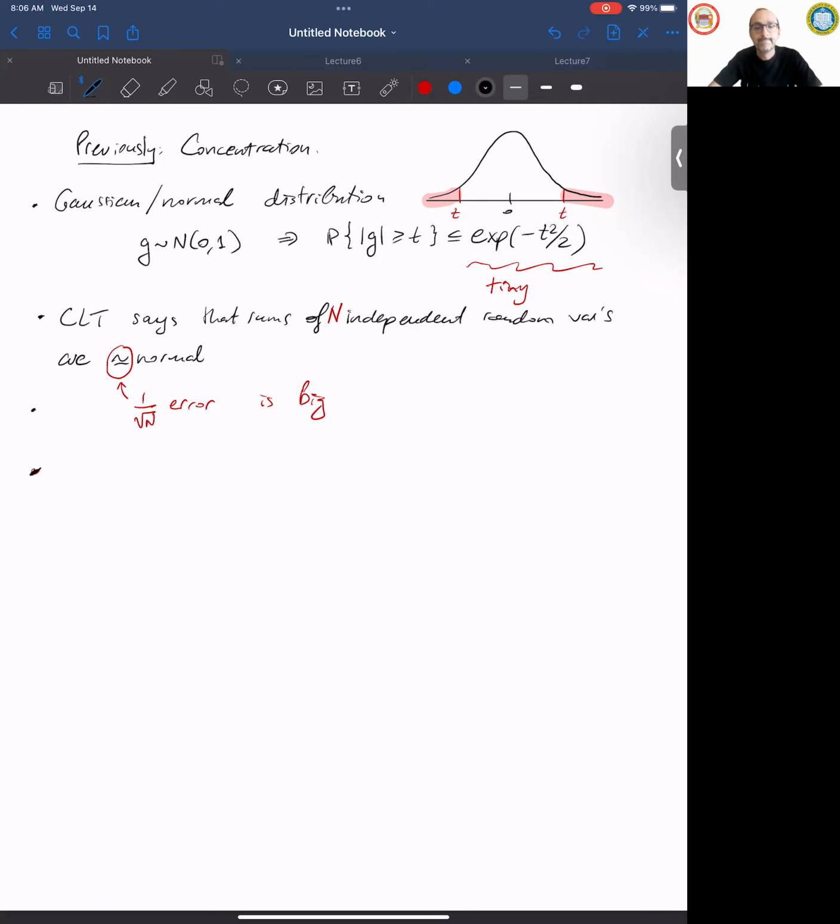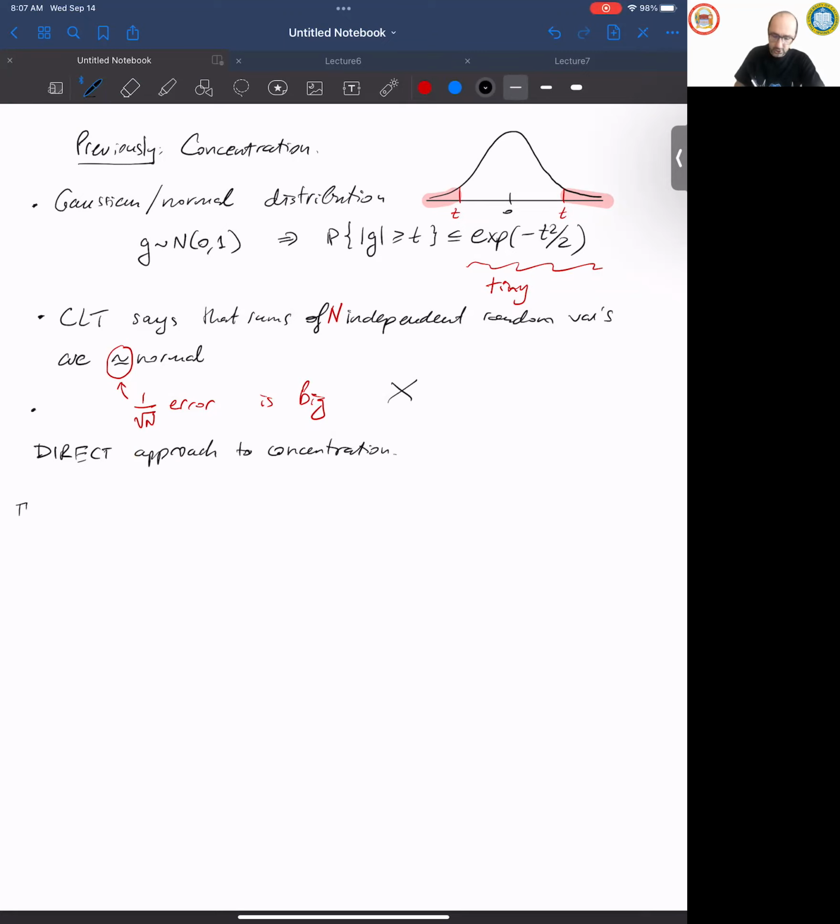In fact, our new and ambitious goal is to just forget about normal, forget about the central limit theorem, and just try to prove concentration directly for a sum of independent random variables without comparing it to the normal distribution. So this will be a direct approach to concentration.